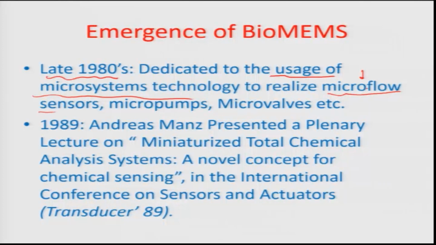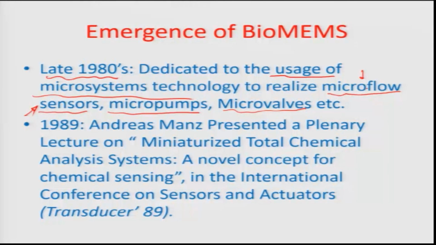It can also be used for designing sensors which are related to some of the body fluids. It can be used to control flows. For example, you could mix or valve or pump flows at a small scale using such small structures and features.